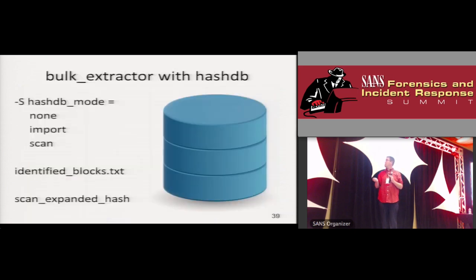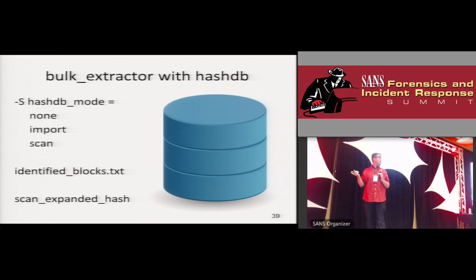And so about that time, Bruce Allen with the Naval Postgraduate School started doing large quantities of updates to the HashDB. It's a back-end database that's hooked into bulk extractor. It's pretty cool because not only can you use the speed and performance of bulk extractor to go out and create your hash libraries, you also can start scanning against it.